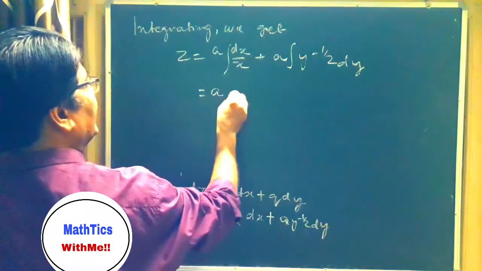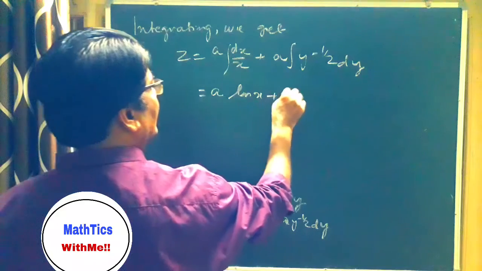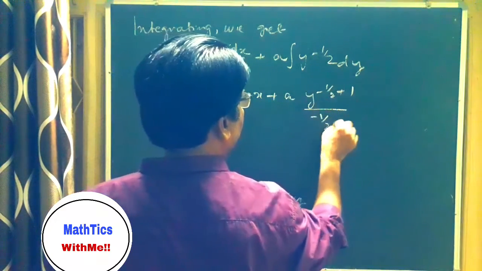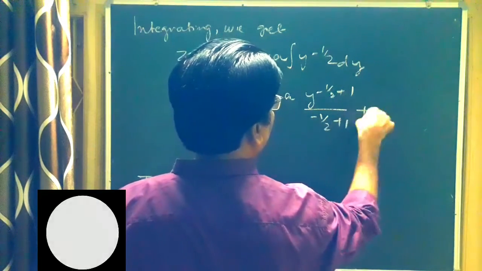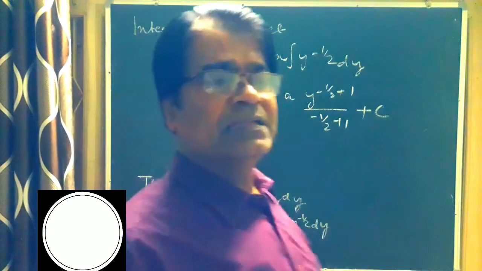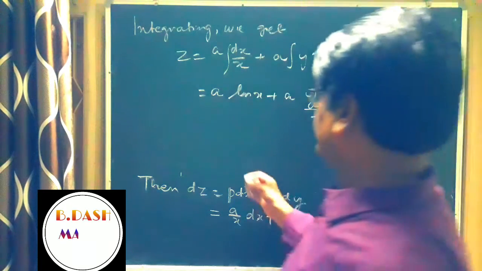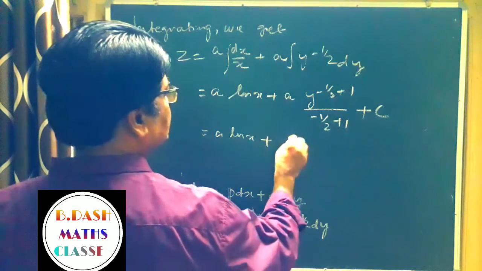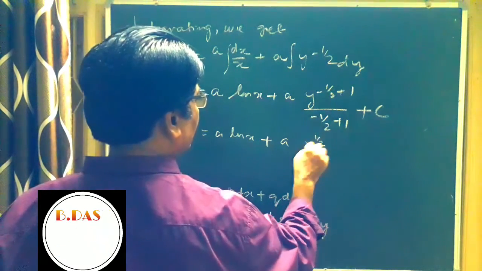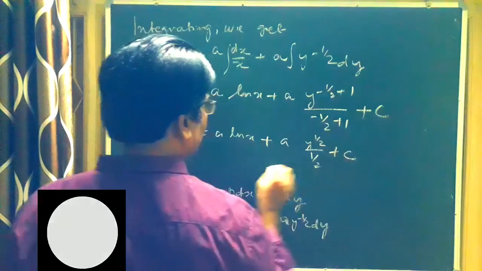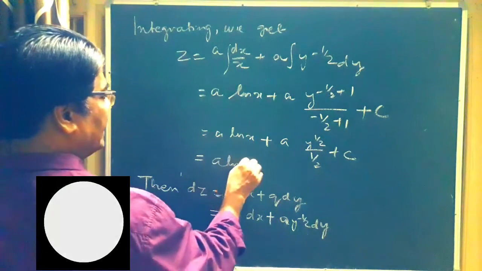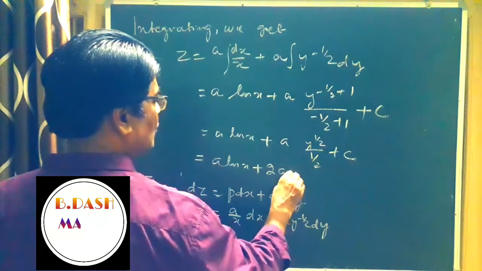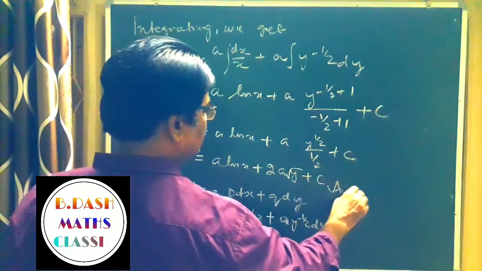So this is a ln x, and this is y to the power minus half plus 1 by minus half plus 1, plus c, where c is the constant of integration. This is equal to a ln x plus a y to the power half by half plus c, and this is a ln x plus 2a root y plus c. Answer.